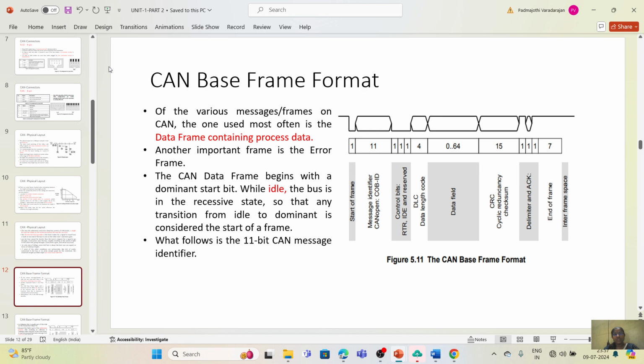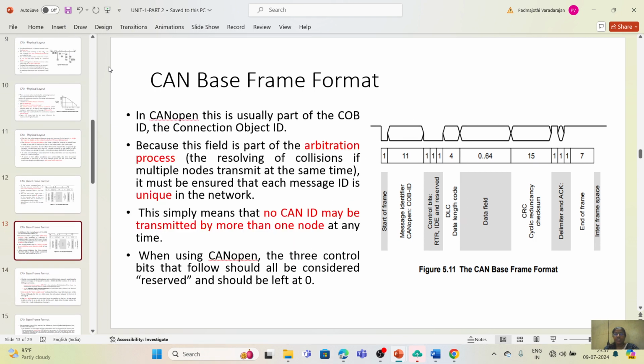This diagram shows the CAN base frame format. The CAN data frame begins with a dominant start bit. While idle, the bus is in the recessive state, so any transition from idle to dominant is considered the start of frame. What follows is the 11-bit CAN message identifier, which in CANopen is usually part of the connection object identifier.